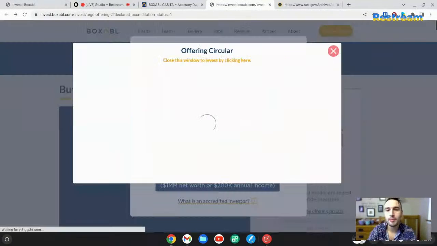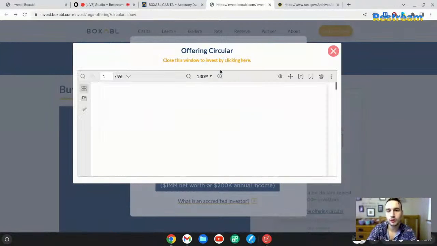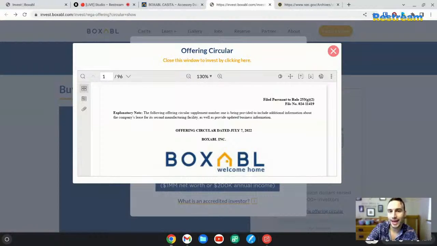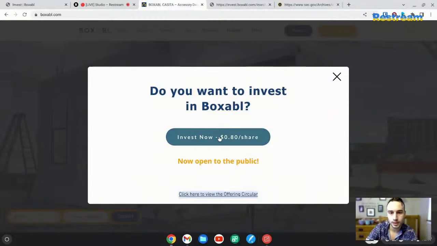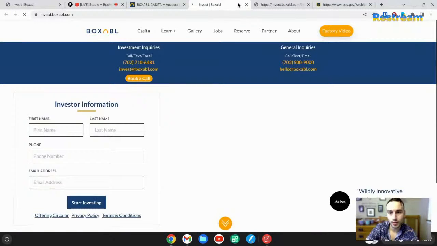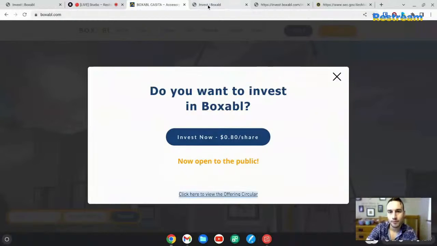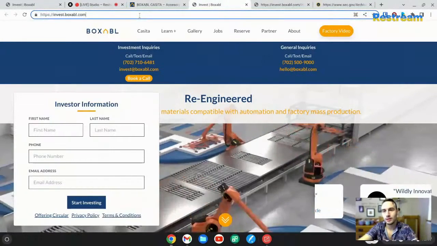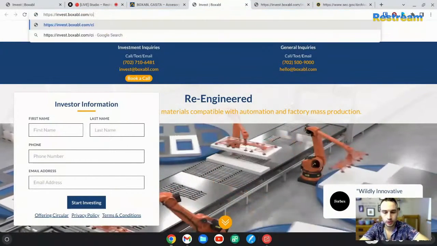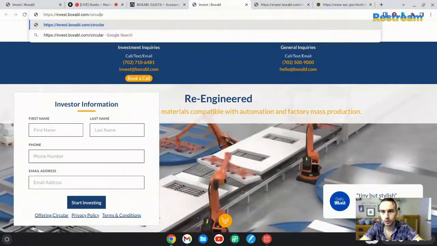And let's go back and see what their page is for the Reg A raise. Oh, God damn it. Invest now, 80 cents per share. Come on, give me the, no, that's not it. I want to see the Reg A. One second. Boxable slash circular.